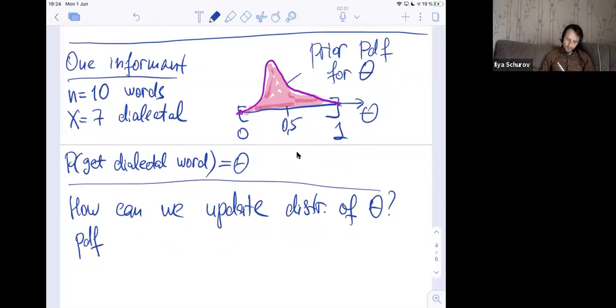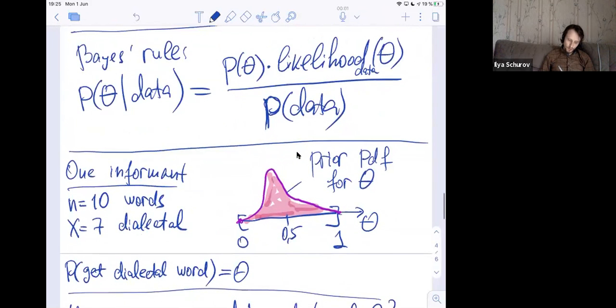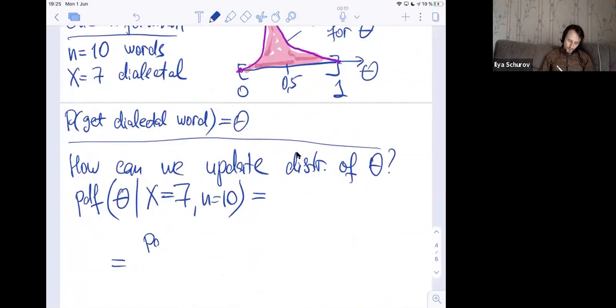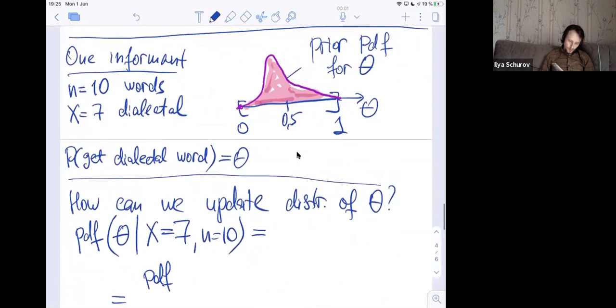So I'm interested in probability density function of theta provided that x equals 7 and n equals 10. To find this probability density function, I have to do the following thing. I have to multiply prior probability, so prior PDF for theta. Let me denote it PDF prior of theta, times likelihood.